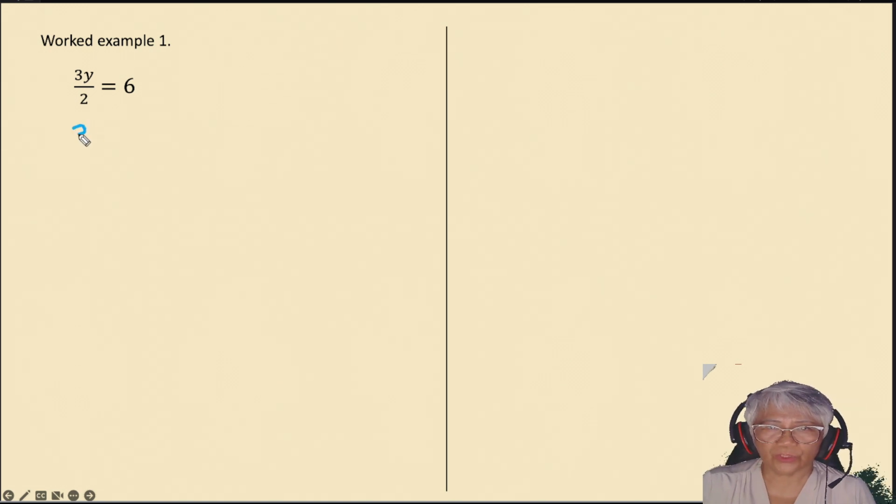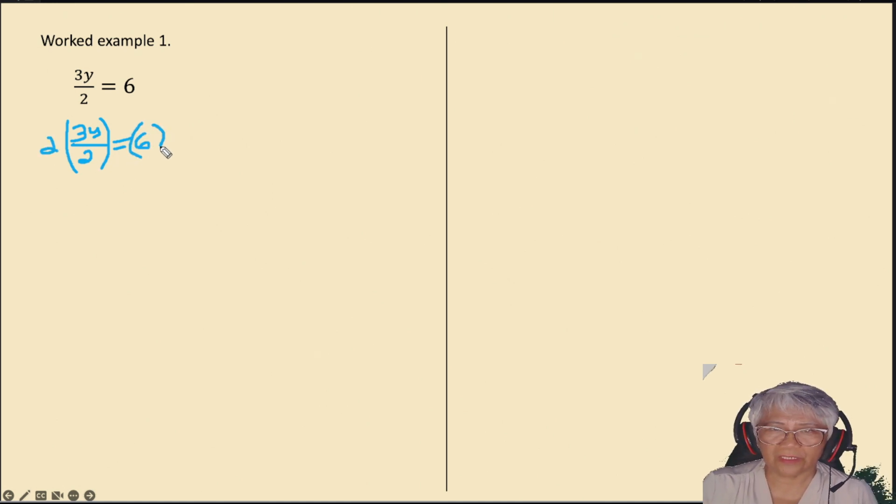We have 3y over 2 is equal to 6. So we're going to multiply this side by 2 and this side by 2.